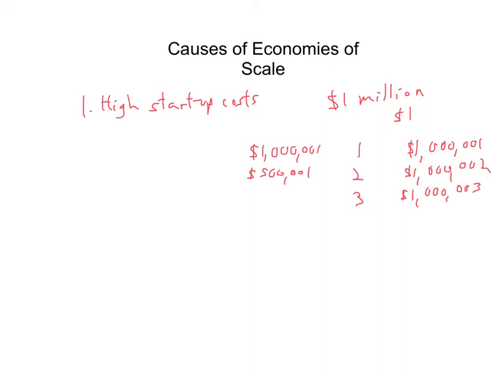So that's $1,000,002 divided by 2. And then if you produce 3, your average costs go down to $333,334.33, repeating. You can see that the more this company produces, the lower their average cost is going to be.